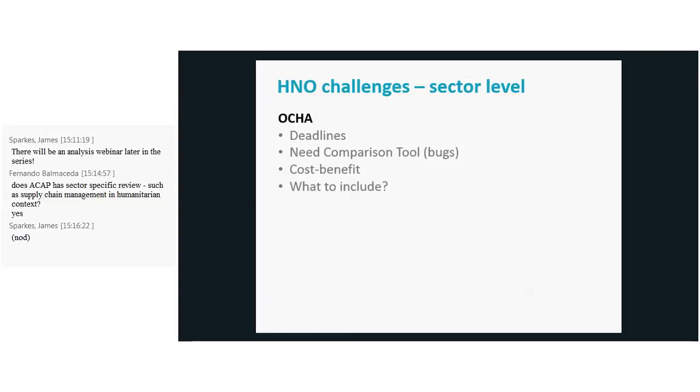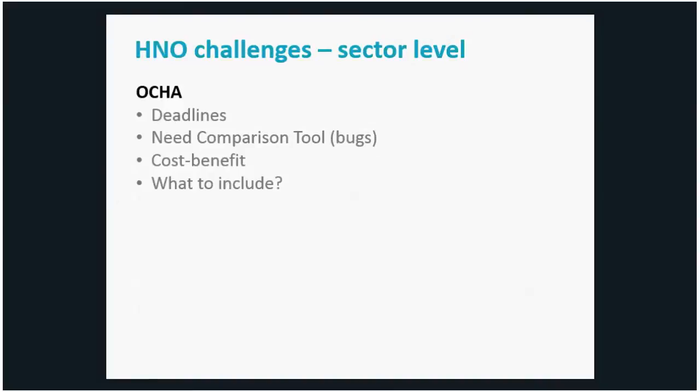Many also asked what the added value of a humanitarian needs overview was for the sector and what they got in return. Sometimes they felt that there wasn't any added value to it. And the ultimate question: what to include and what not to include, because many times we found it shortened by OCHA, and it was often confusing to know what you were going to include and not.